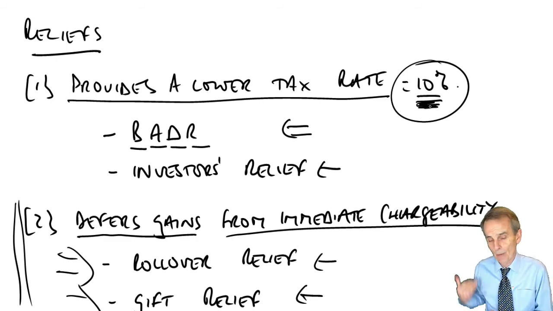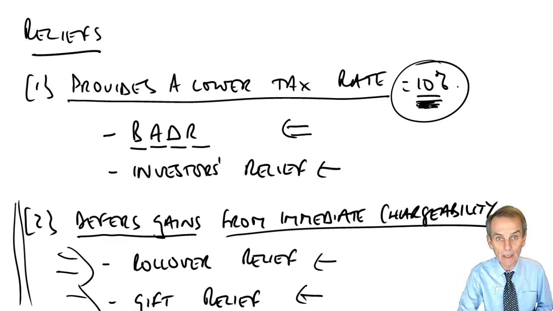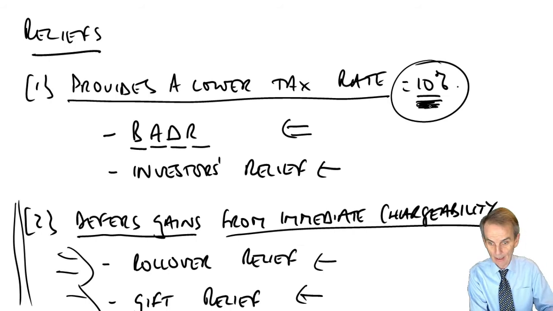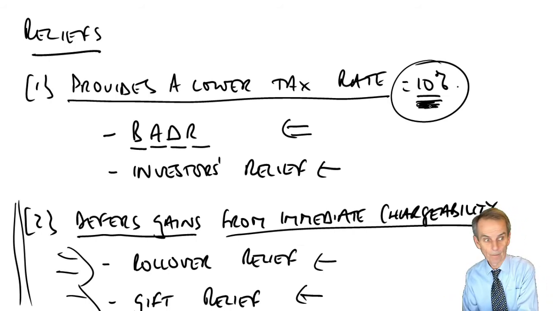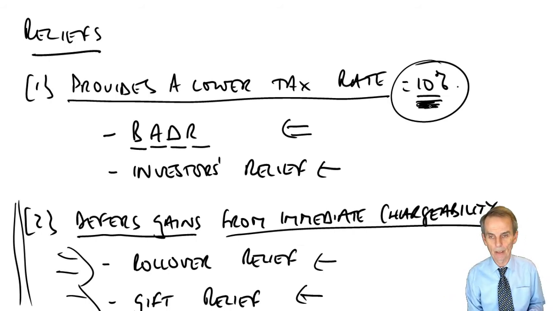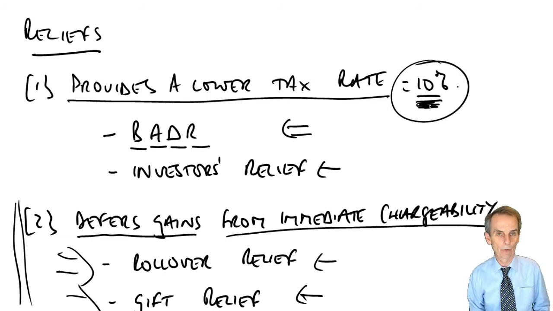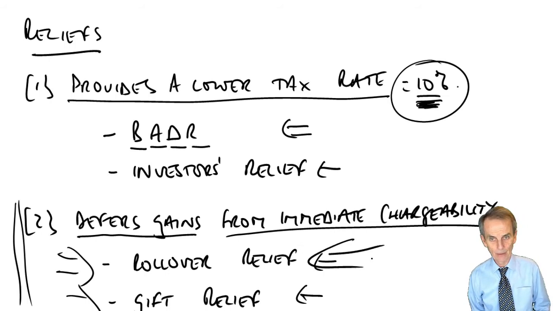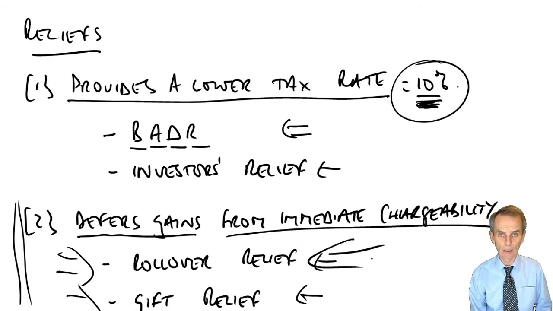If, as we've already said a moment ago, I were to sell a business asset like a property and buy another one, then the gain on the business property will qualify for relief. But that, of course, was rollover relief. Sell a property, buy a property, reinvest all the proceeds, gain can be deferred.